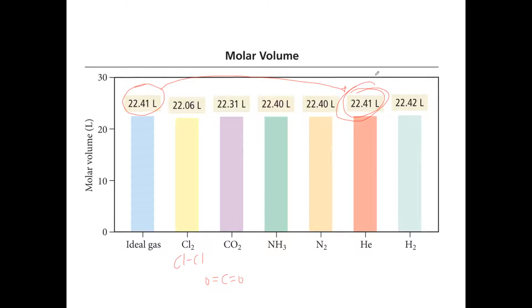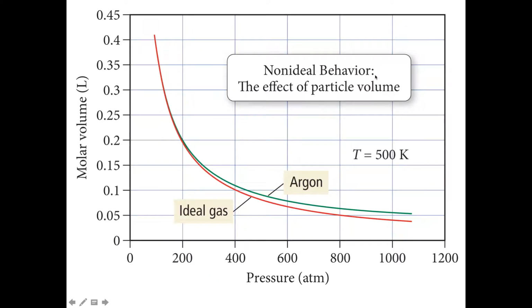That's the molar volume of an ideal gas. Now, for a real gas, there's some slight variation. What does it depend on? It depends on particle volume. Remember in the beginning I said that we are assuming the particle is negligibly sized, its volume is zero? Well, it's not actually zero.